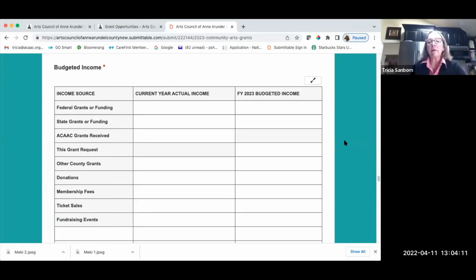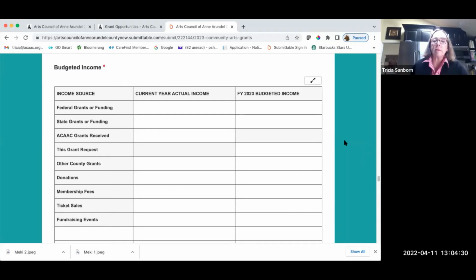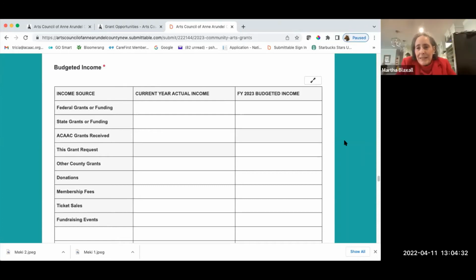Absolutely. That is correct. And I will say that the Chesapeake Arts Center in 2022 was our largest grantee. That was not the case when I joined the grants committee 7 or 8 years ago. So, I mean, things change. And we pay attention to what you write, and people move and expand, and we want to see that happen.